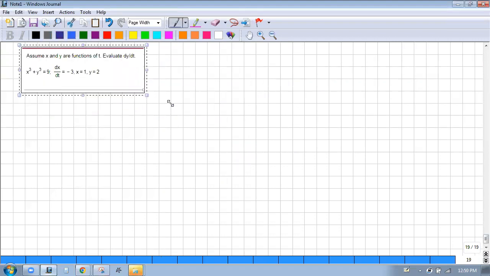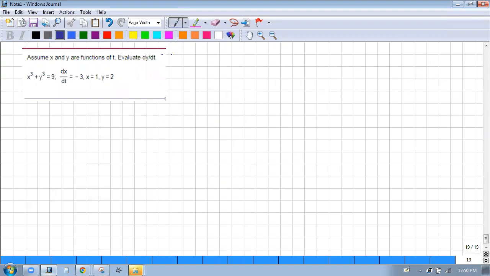Assume x and y are functions of time. Evaluate dy/dt. I'm going to call that y dot, the derivative with respect to time. So via implicit differentiation, I would have 3x squared x dot plus 3y squared y dot equals 0. They tell us here that x dot is -3, and they give us an x and a y.